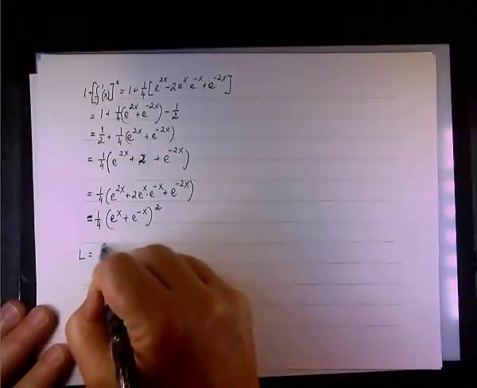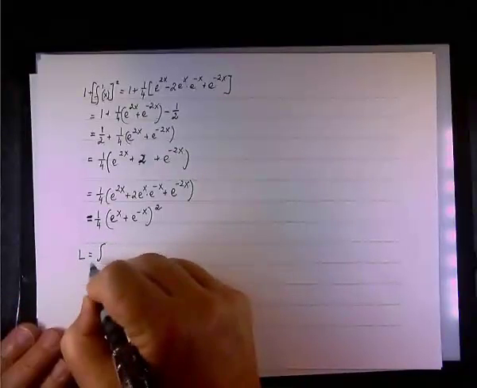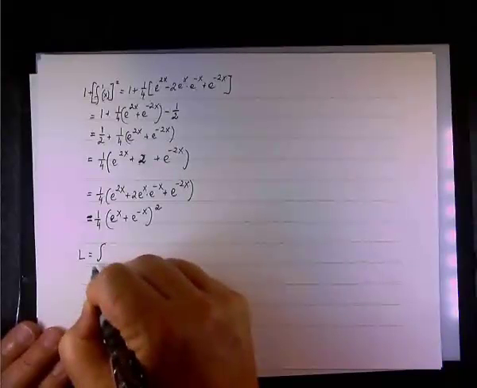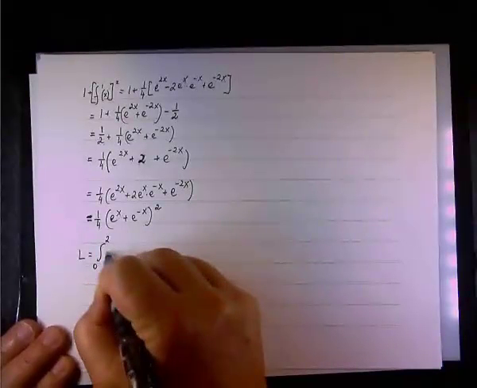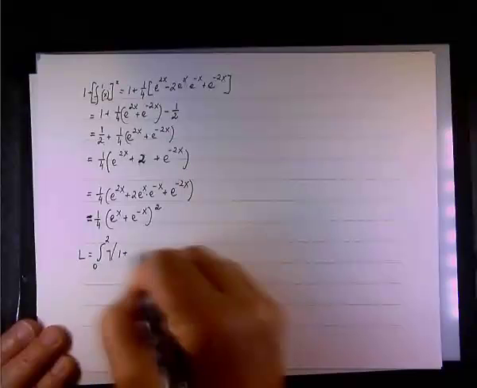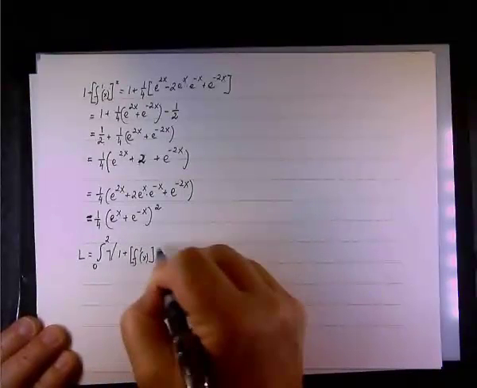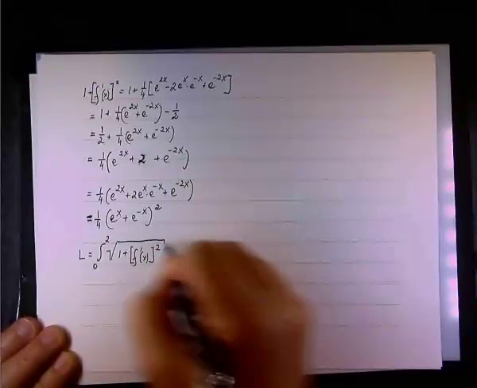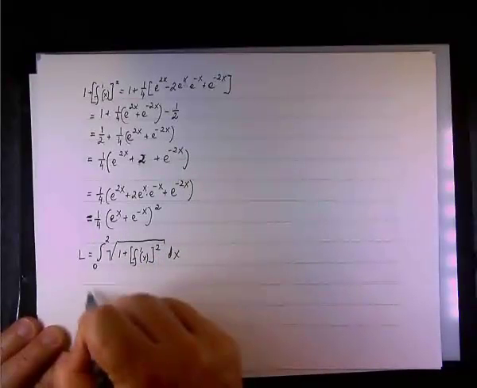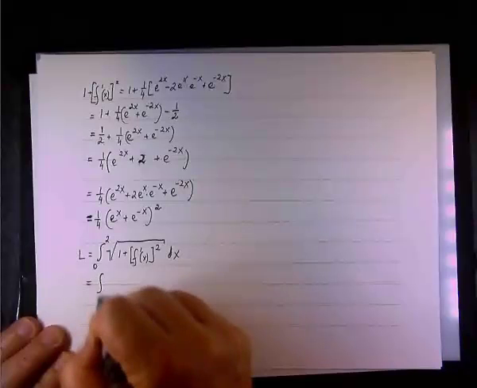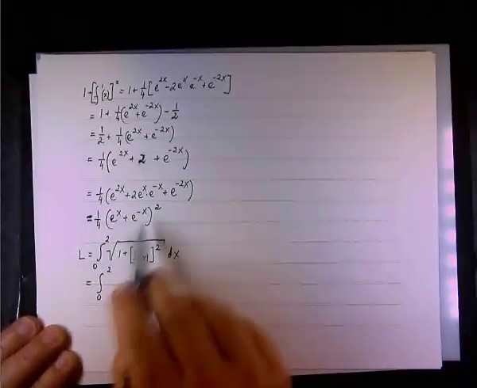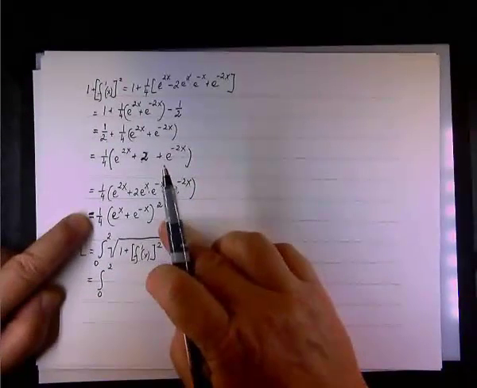This is the radicand. So now I can do the following. L, by definition, is the integral from 0 to 2 of the square root of 1 plus f prime of x squared dx.